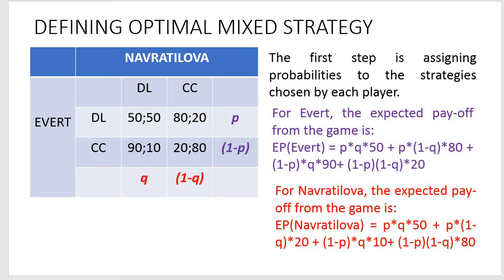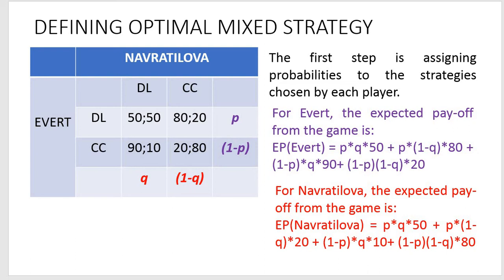The next step is designing expected payoff functions for each player. So, as you remember, expected value is just the product of possible outcome and probability assigned to this outcome. So we do this in the same way.